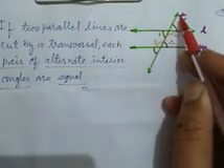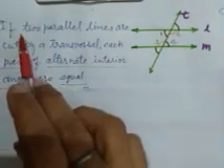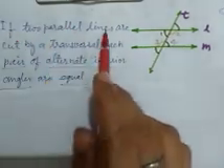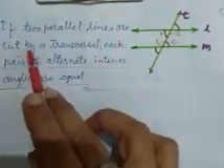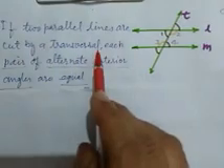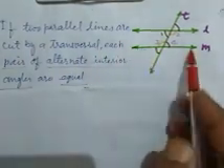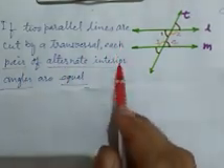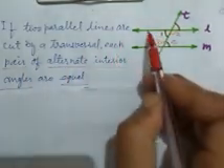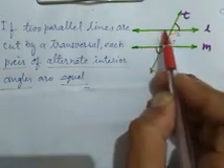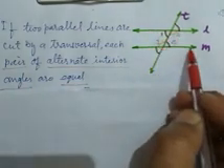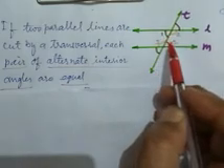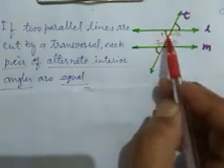That's why this is a transversal. So we check, if two parallel lines are cut by a transversal, each pair of alternate interior angles, as we looked at previously.